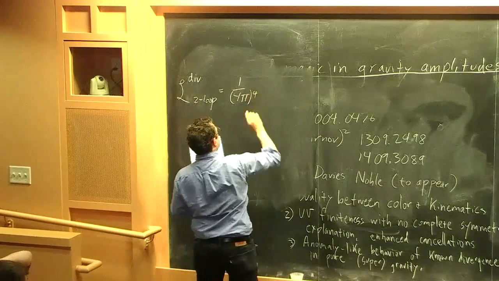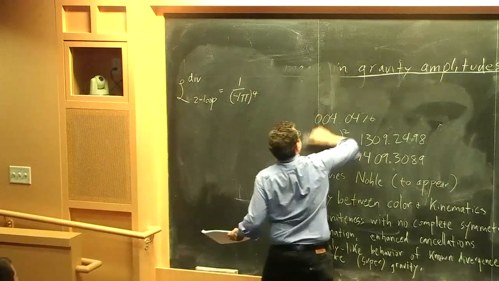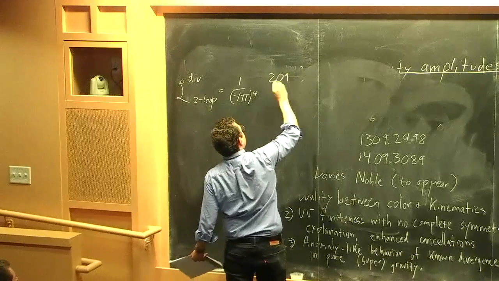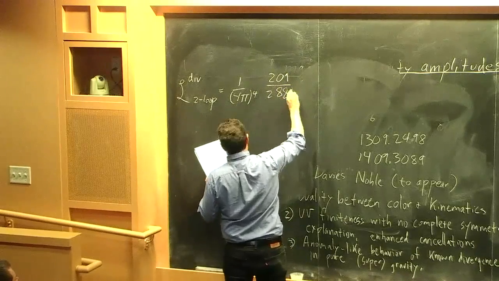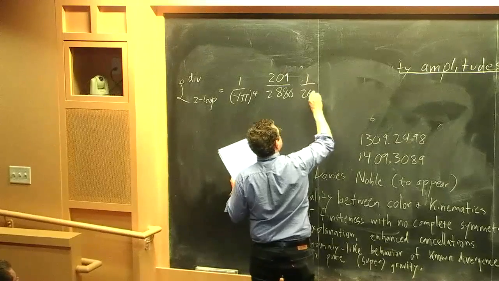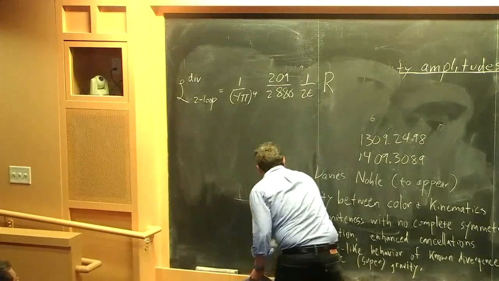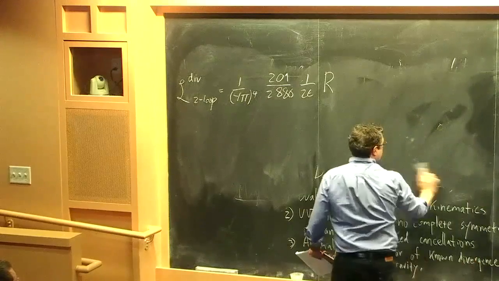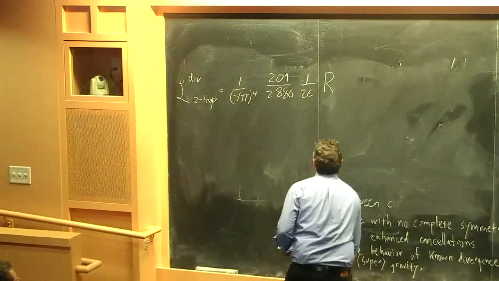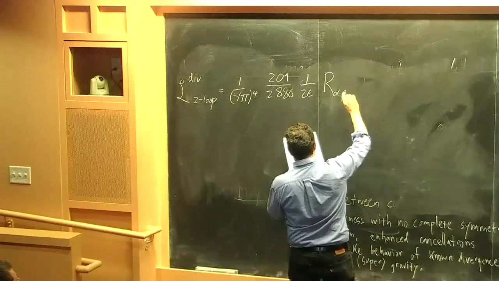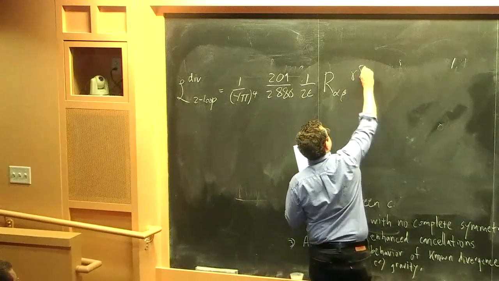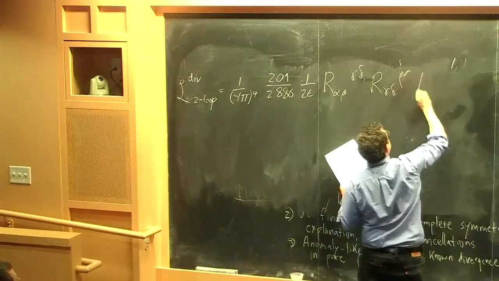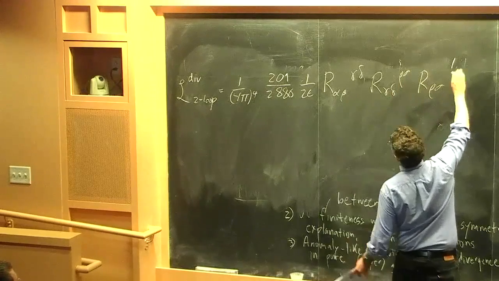Should be 1 over 4 pi to the 4th. And then there's a number 209 over 2880, and then 1 over 2 epsilon, and then it was 3 Riemanns stuck together. It had to be Riemanns, of course, because if it was Ricci, then it would vanish. It wouldn't be a valid counter term. So let's make it alpha, beta, gamma, delta, rho, sigma, and then alpha, beta.